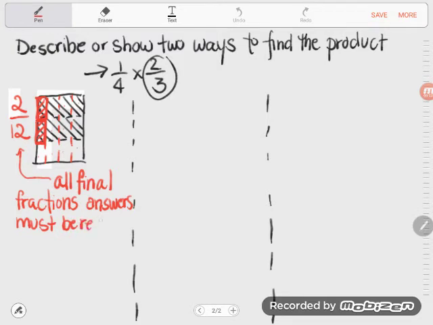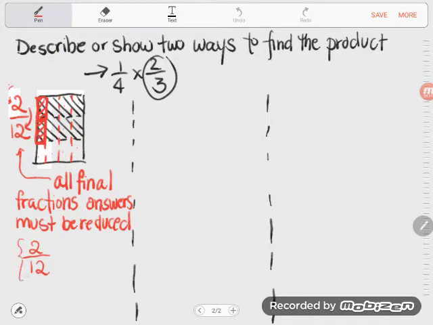And that's because mathematicians like things as simple as possible. So something is reduced when the numerator and the denominator of the fraction have their greatest common factor as 1, or nothing will divide the 2 of them except 1.